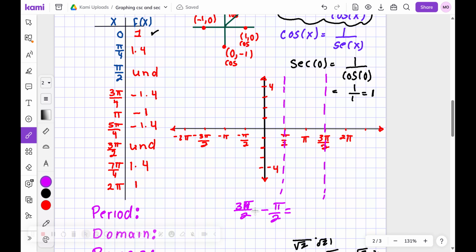We have the same denominator, so 3 pi minus pi, 2 pi divided by 2, so pi. So every 180 degrees, you're going to have an undefined. So this is 90 plus 90, so my other undefined will be here. My other one will be here. And if I want more, my other one will be right here, see?